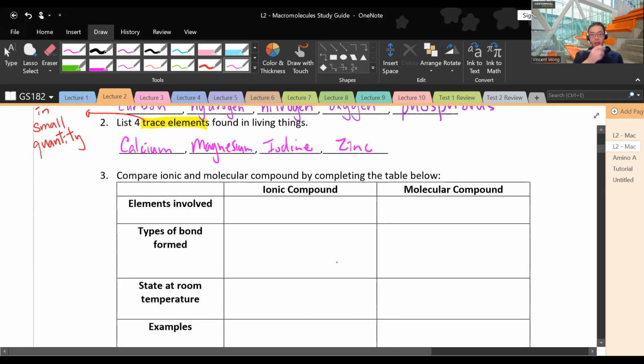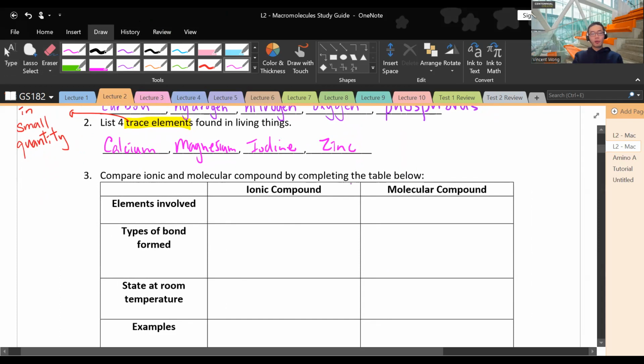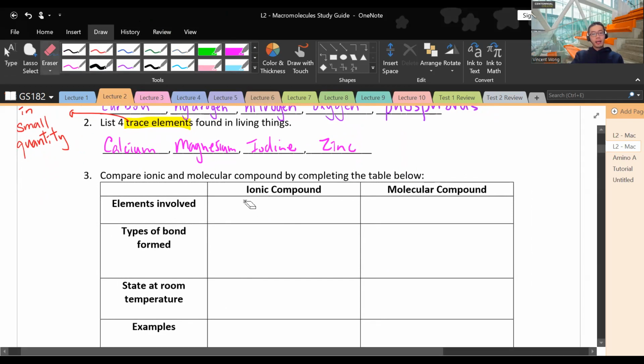We then talked about the difference between ionic compound and molecular compound. This is probably something that you are learning in chemistry class as well, but we do need to know the difference for the macromolecules. So let's just go through them briefly. For ionic compound, the elements that are involved would be metal and non-metal.